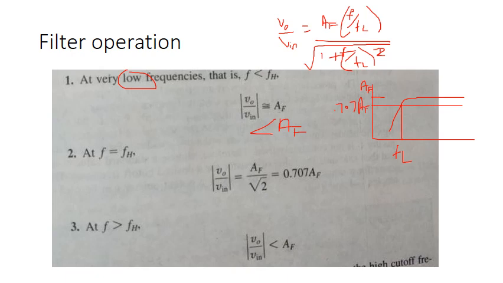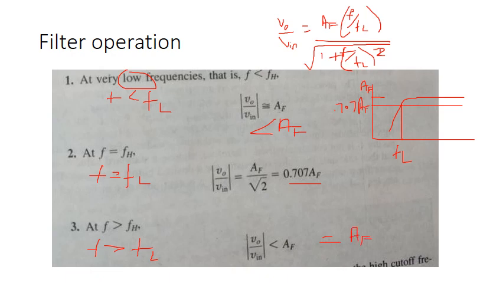At F equal to FL, at this point, the gain of the filter is 0.707 AF, and when F is greater than FL, the gain V0 by Vin is equal to AF.